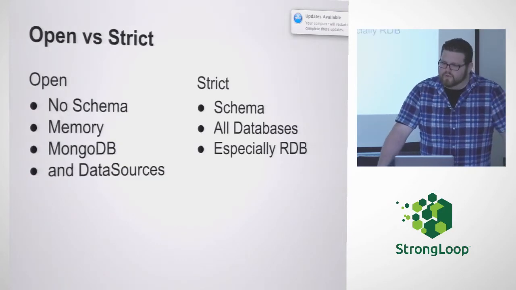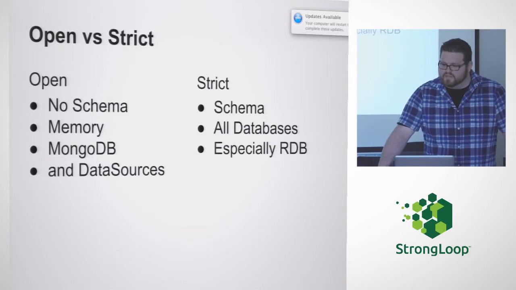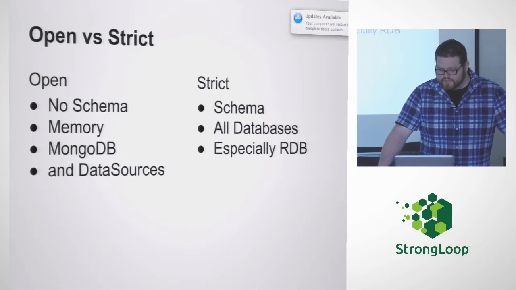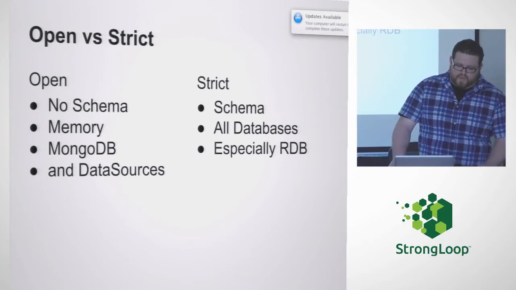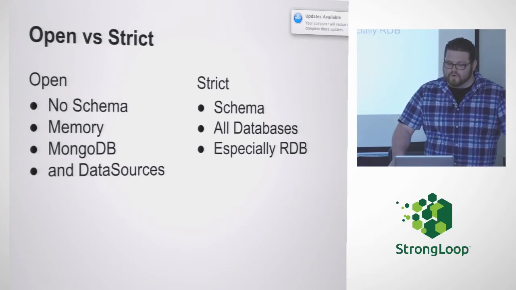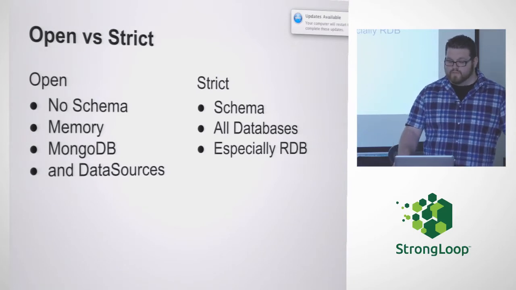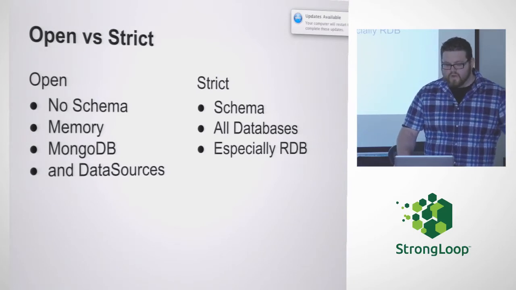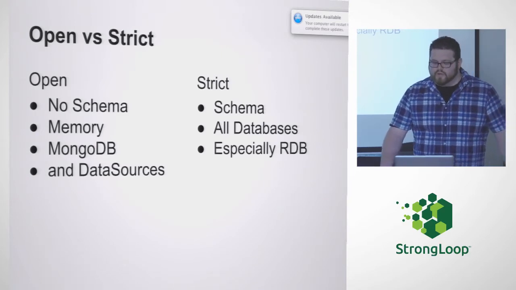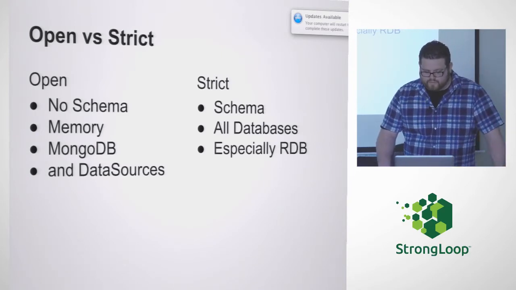By default, when you run that command, slc lb model, you create an open model, which means there's no schema and there's no validation. So this will work right away with the built-in memory database or MongoDB, or in the future when we support other NoSQL databases.